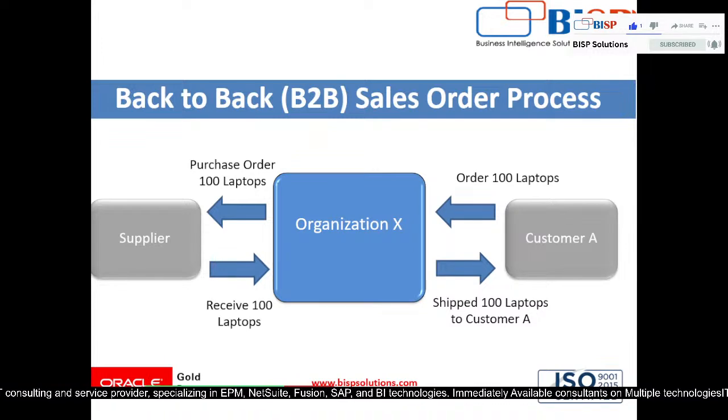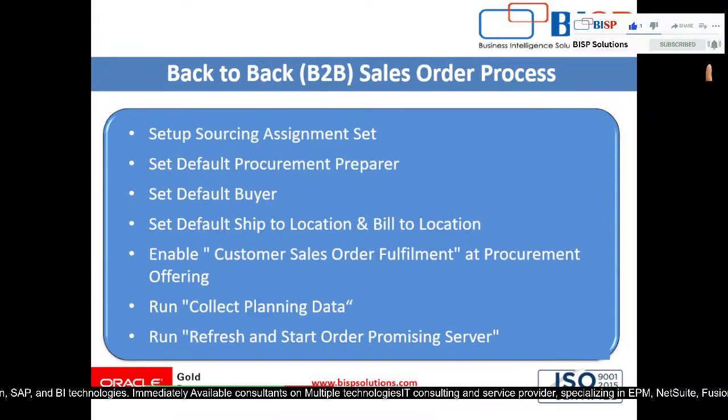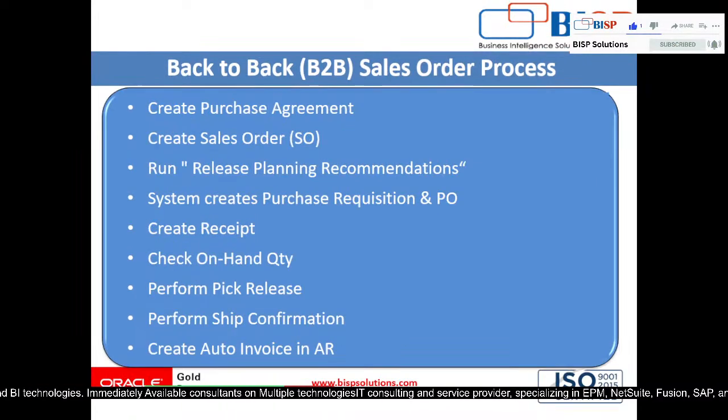Against the sales order, the supplier ships, sending the item to our organization, and at the end the organization ships that quantity to the customer A. Whenever you complete all these setups, you create these things. How to create the agreement, we have already done in our previous session. After creating this sales order, the O2C cycle is performed over here.